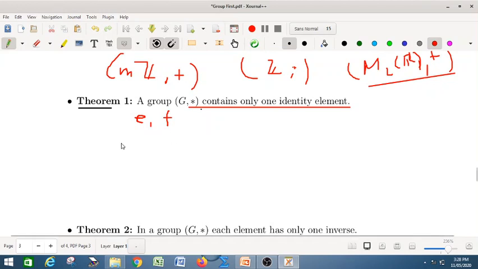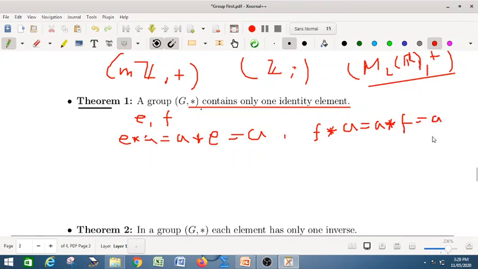Then let A belong to G, for all A in G. We can write E star A, here we are using star as the composition, E star A equal to A star E equal to A. And also, since F is the identity, for all A belonging to G, F star A equal to A star F equal to A, for all A belonging to G, by the identity property.